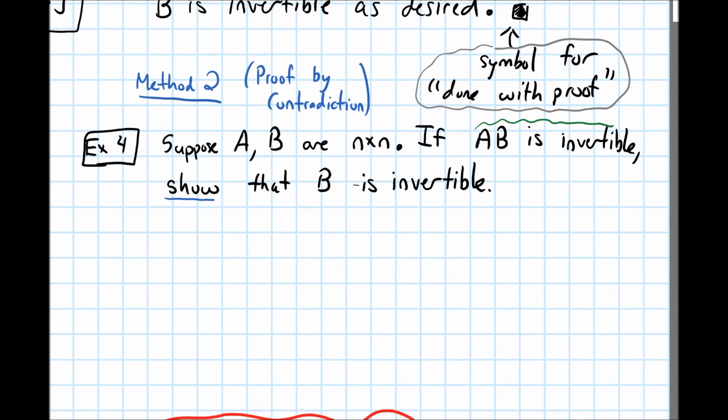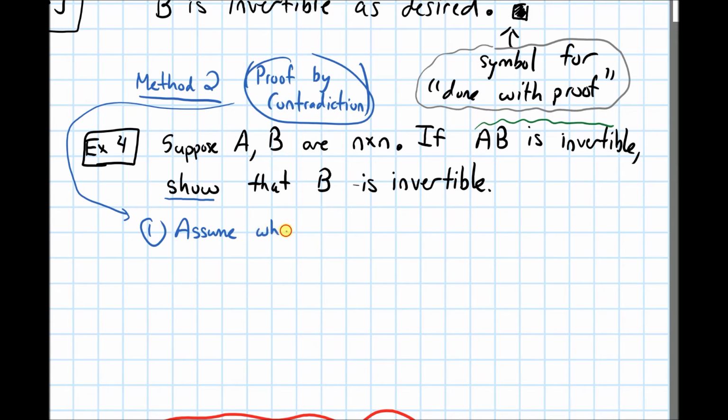Okay, so I've copied the problem down one more time, and let's talk about what a proof by contradiction is. With a proof by contradiction, there are two steps. You assume that what you want to show is false.